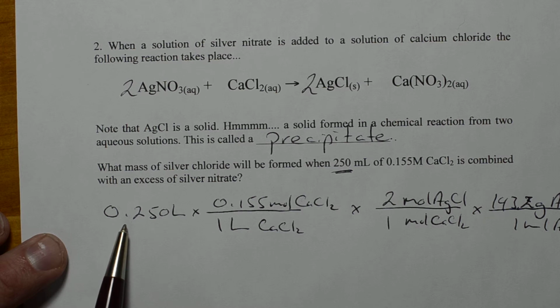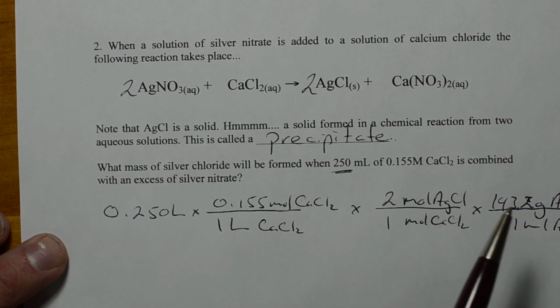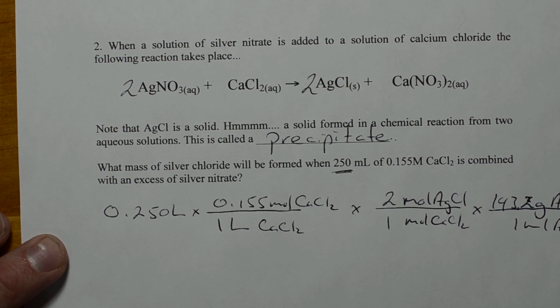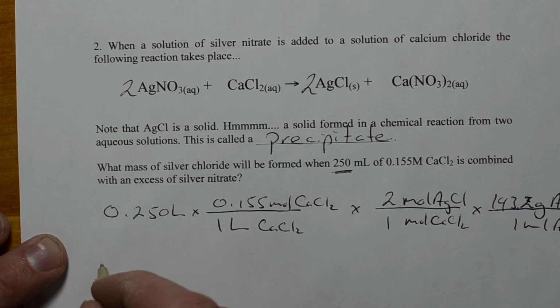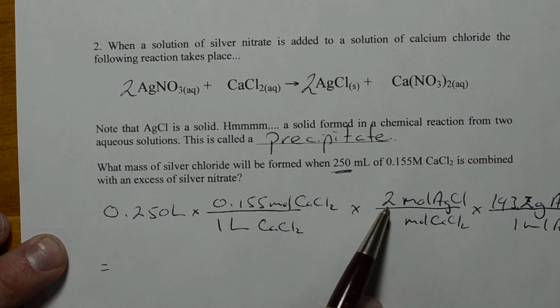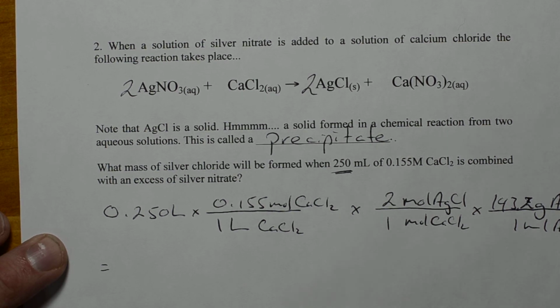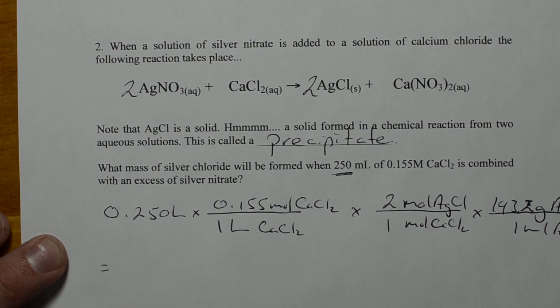So we're going to take 0.25, multiply it by 0.155, multiply it by 2, multiply it by 143.2, and we should be hunky-dory. Let's just estimate. This is a quarter. A quarter times 2 would be a half. A half of 143 is going to be roughly 70. 70 times 0.15, 15% of 70, it's going to be around 10.